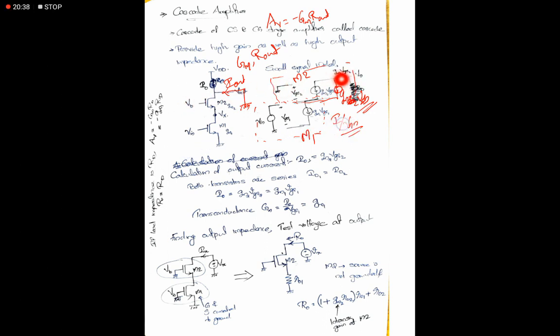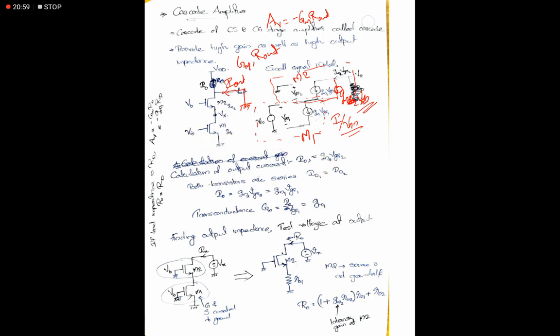This current is nothing but gm VGS2, and that current will flow through M1 also. So these two currents are the same, that is nothing but gm VGS1, which is the output current. So we will get the transconductance as gm1 itself.